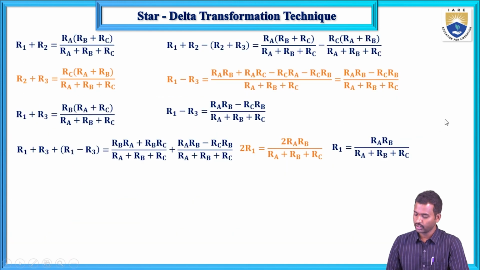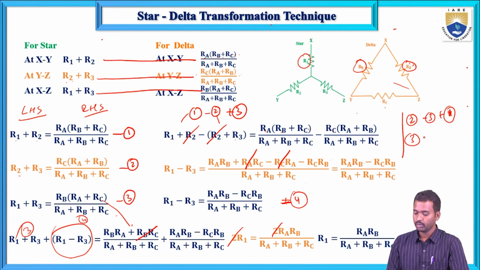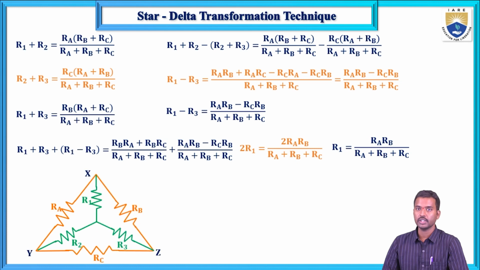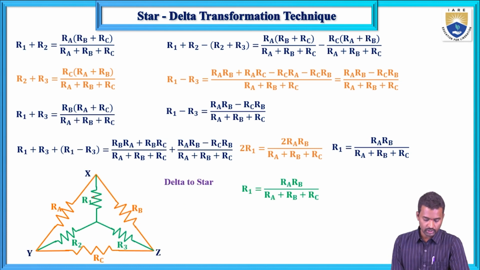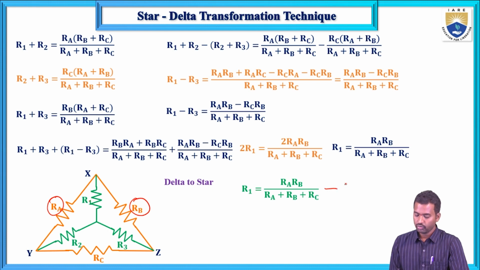Next 3 minus 1 plus 2, and this R2 equals RA RC divided by RA plus RB plus RC. That notation you can see here. R1 equals RA and RB divided by RA plus RB plus RC. This is equation number 5.